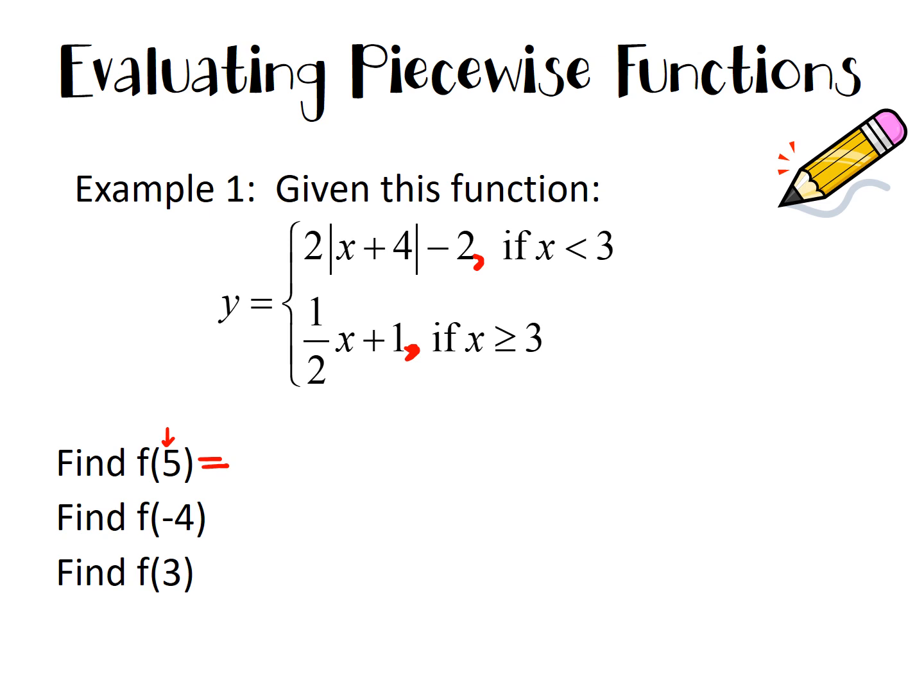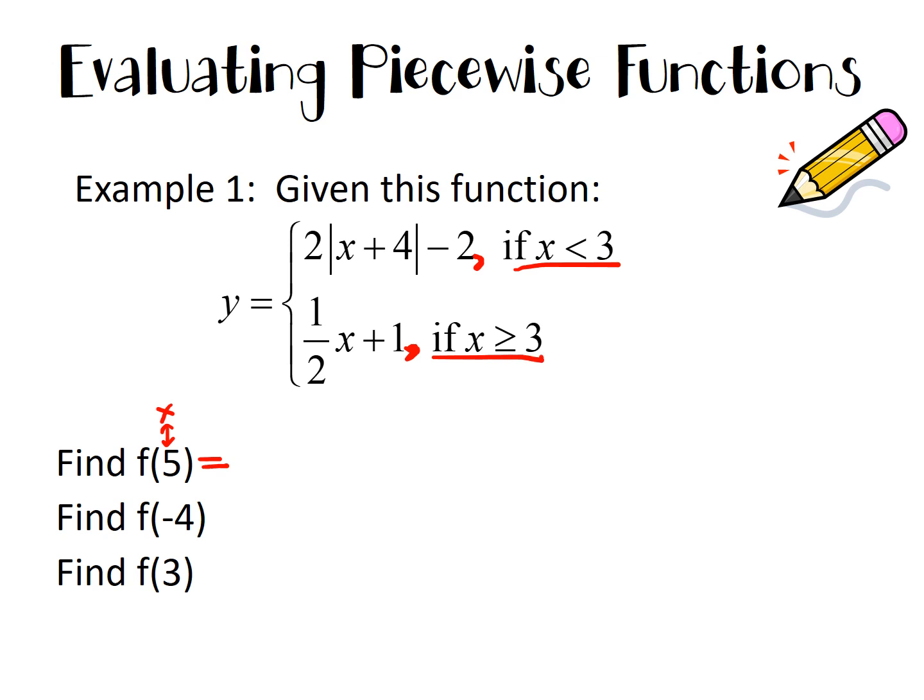Remember, when we say f of 5, we're saying when we plug in 5 for x, what is my y value? So if x is 5, we're trying to figure out which piece we are using to solve for y. So we have if x is less than 3 or if x is greater than or equal to 3.